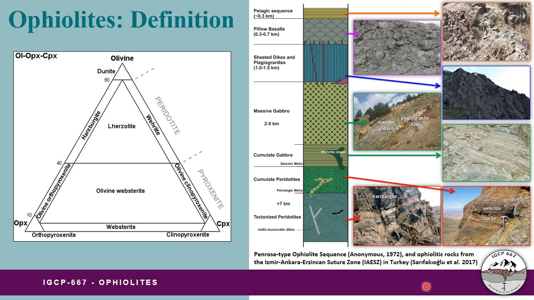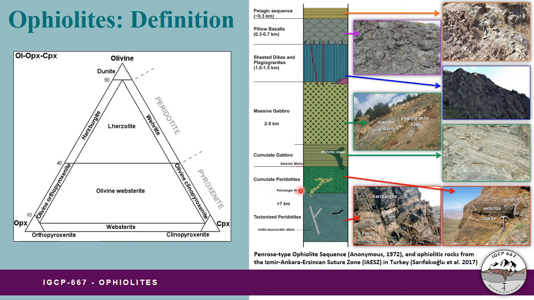Transition from upper mantle, namely tectonite peridotite, to cumulate peridotites represents the petrologic Moho, the Mohorovičić discontinuity, while the transition from cumulate peridotites to gabbros indicates the seismic Moho.